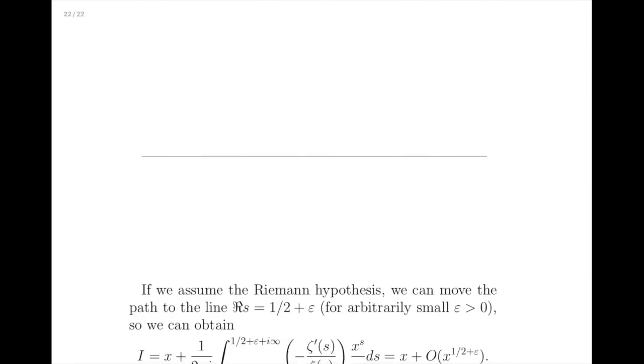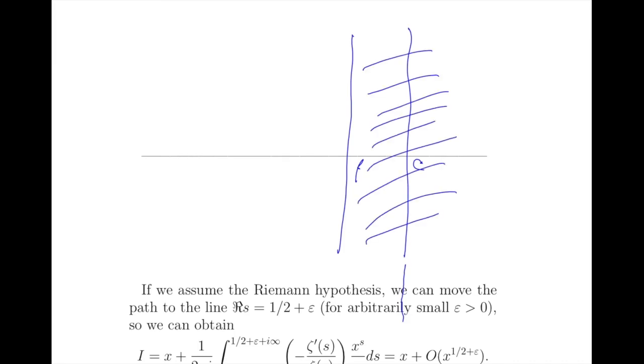Maybe it is better to say my final comments. We recall that C is here and 1 is here, and we know that this zeta function is zero free here, so we move the path of integration just like here and prove the prime number theorem.